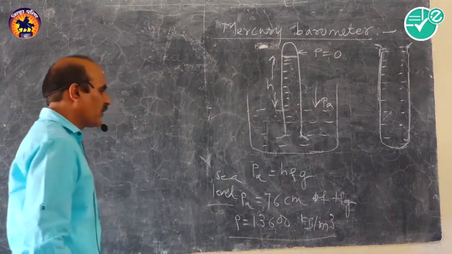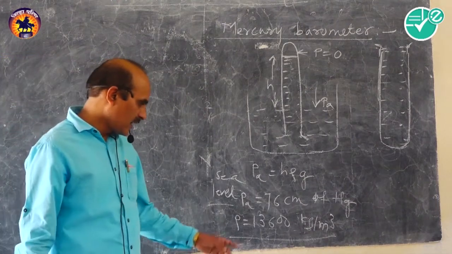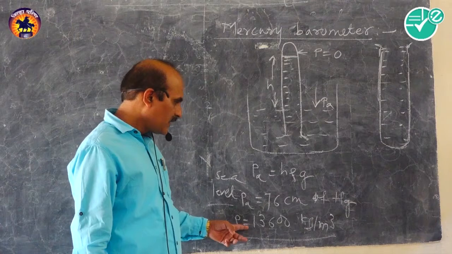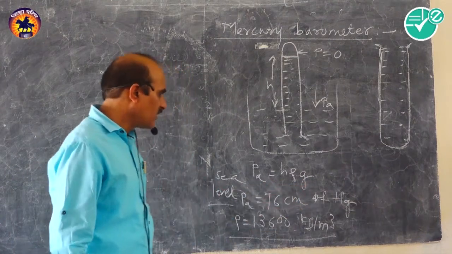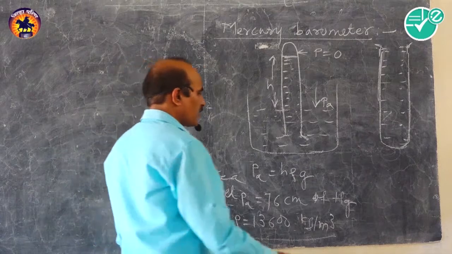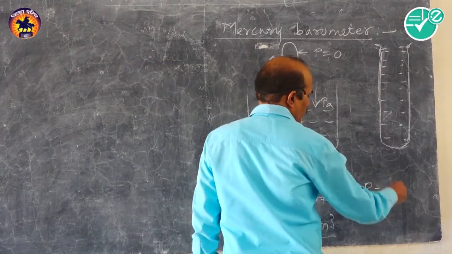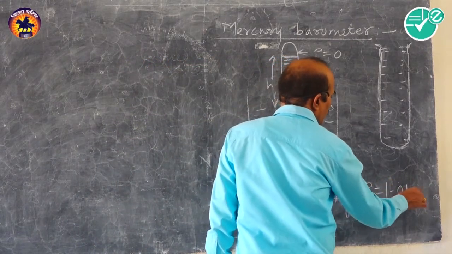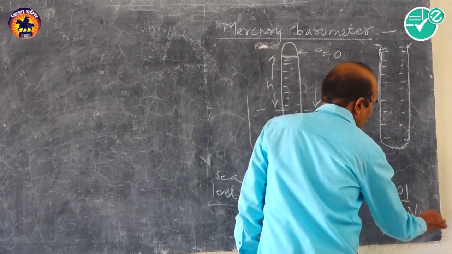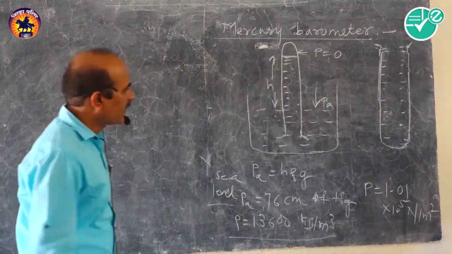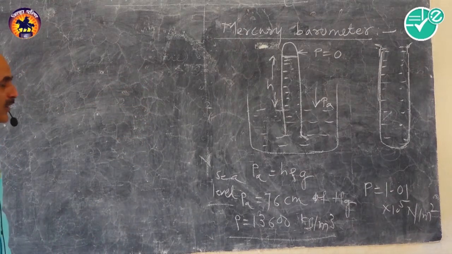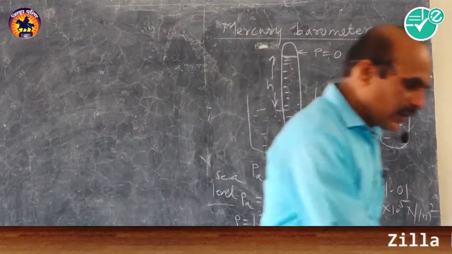As you know the height, the density, and the value of g, you can calculate the atmospheric pressure, which is 1.01 into 10 raised to 5 Newton per meter square. This is the value of atmospheric pressure. So it is a very simple device, the mercury barometer.